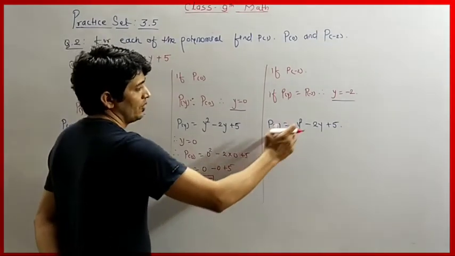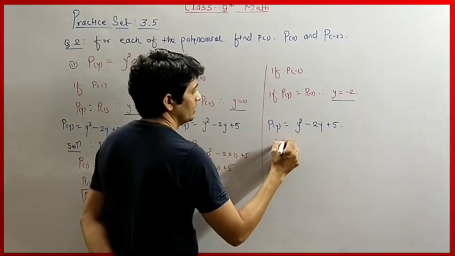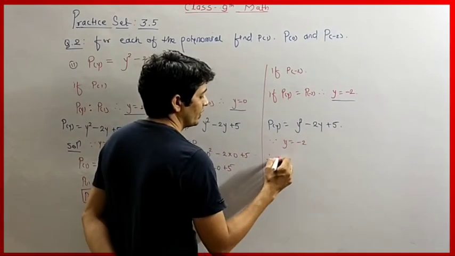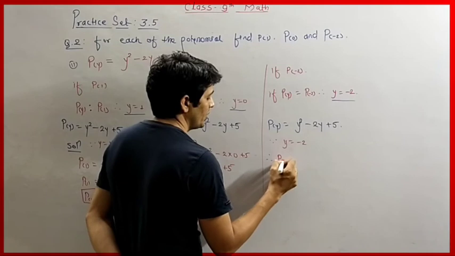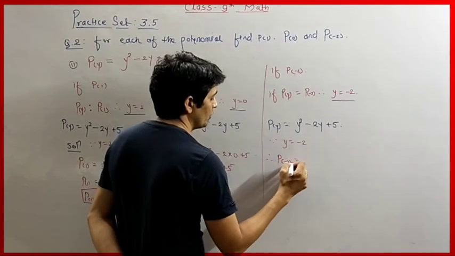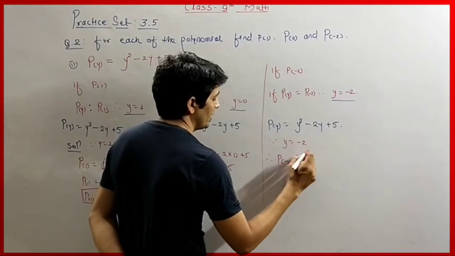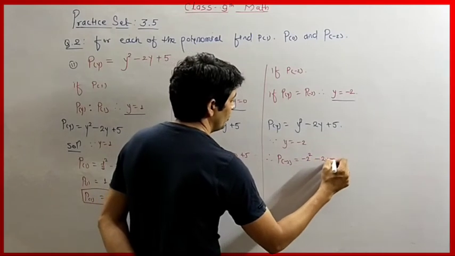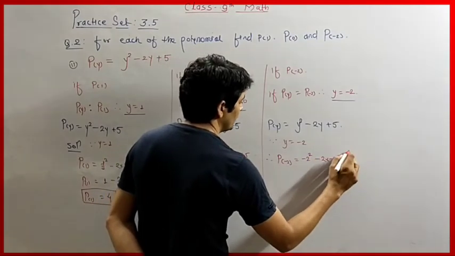That is our second answer. Now since y equals minus 2, the equation becomes P minus 2 equals minus 2 square minus 2 into minus 2 plus 5.